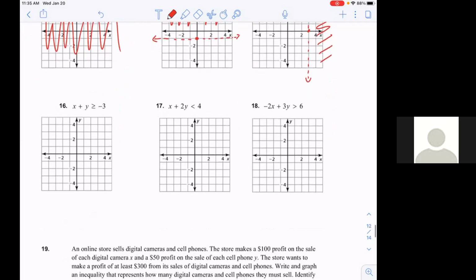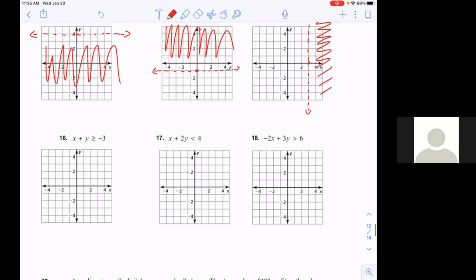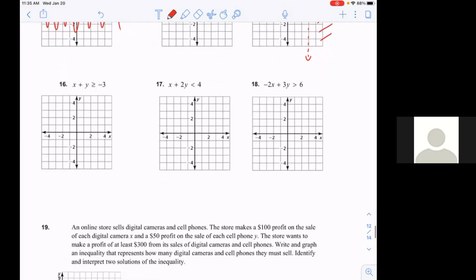All right, now we're going to get into it. I wanted to see if you can do 16. Let's see what happens. And I'll jump in here and work on it, should you struggle. Again, this is where it depends on how you like to graph. Do you want to do it with intercepts? Do you want to solve for y?